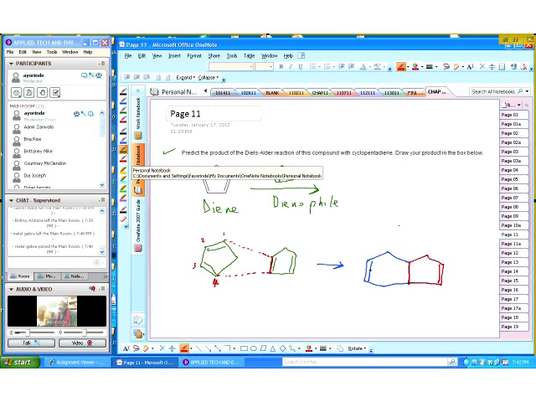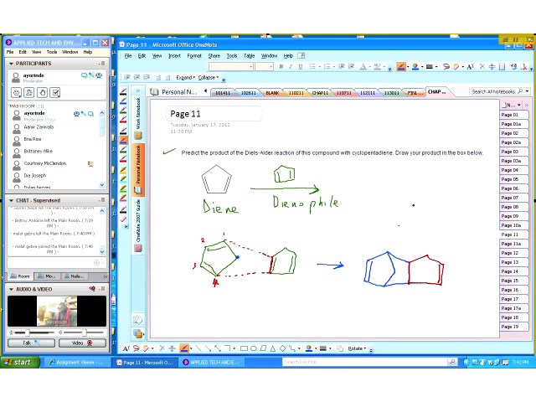Now at this point we need to show the bridge. Let me use my blue pen. This bridge right here, we need to show this bridge, which is this one here.